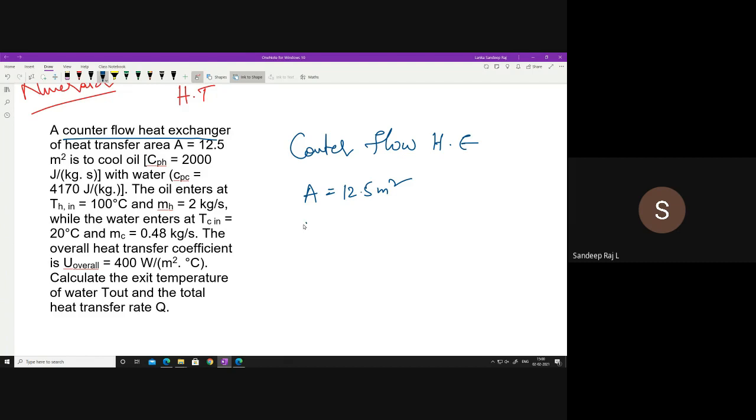We can see the CPH value as 2000 joule per kg second. Now, joule per kg Kelvin should be given as this. Joule per kg second is giving you, meaning it is not CPH, it is actually m into the thing.